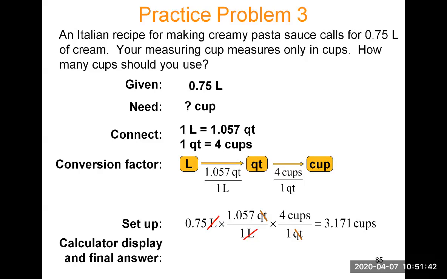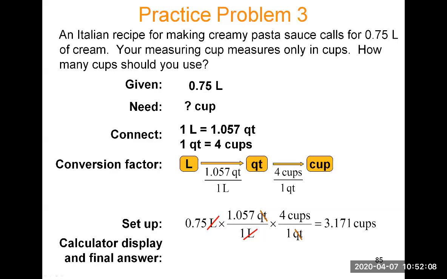And finally, in the given amount, 0.75, we have 2 sig figs, right? The 0 is not significant, then the 7 and the 5 are significant. So 2 sig figs in the given amount versus 4 in the quarts. So again, the limiting number of sig figs comes from the given amount, and it's 2.